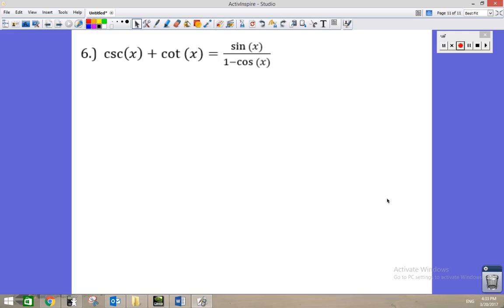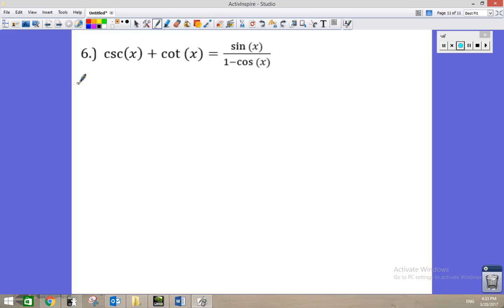Alright. I believe that it's easier for students to combine two terms to a single term. So I'm going to start with this left-hand side. And one of the common things that they tell us to do is to rewrite everything in terms of sines and cosines.